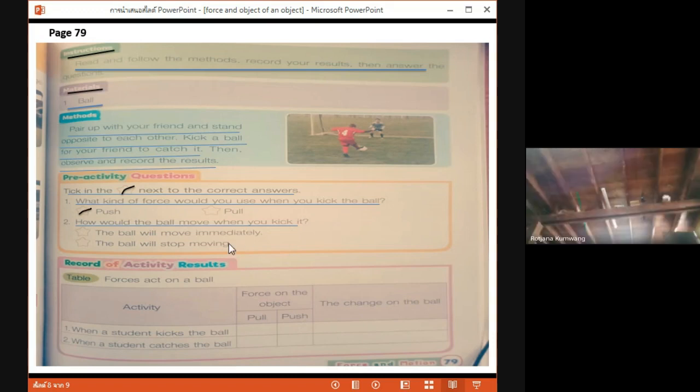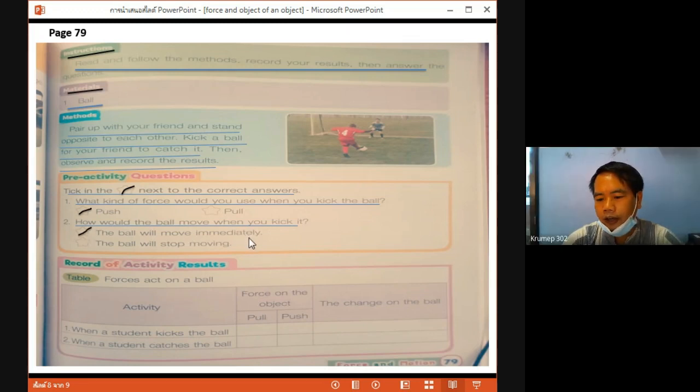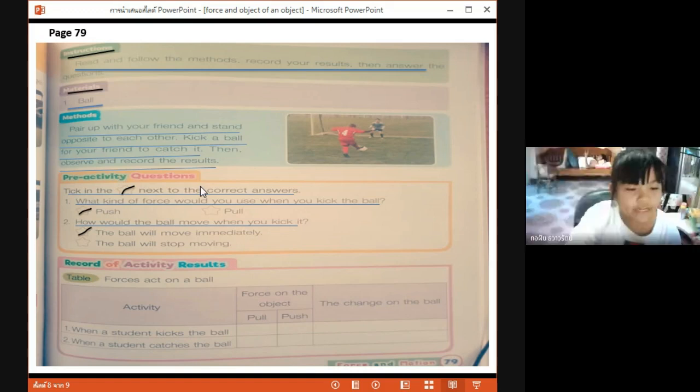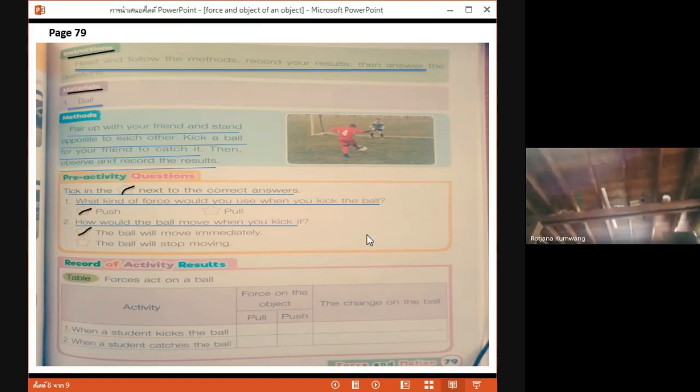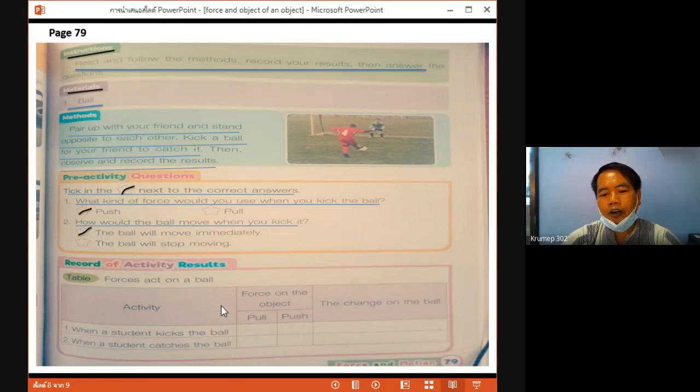If you kick the ball, it will move immediately. It will move fast. So Namon is correct. Very good. Understand?